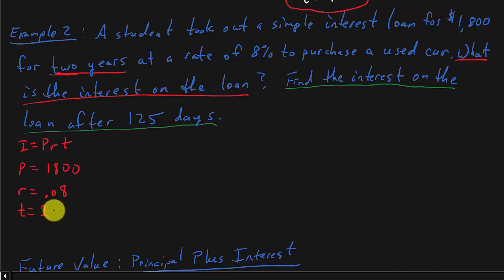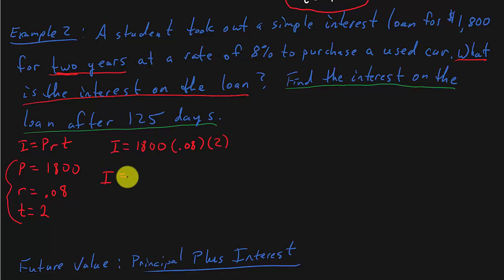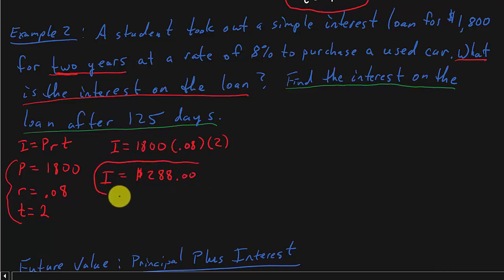We plug all this into the formula: 1,800 times 0.08 times 2. And we get the interest is $288. I know on the first one we didn't put the .00; you can or not, it doesn't really matter. So that was part A.